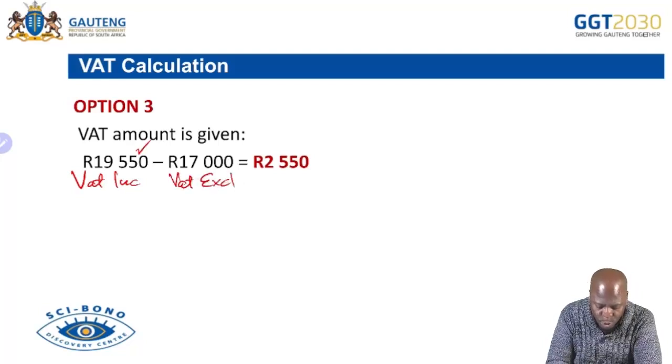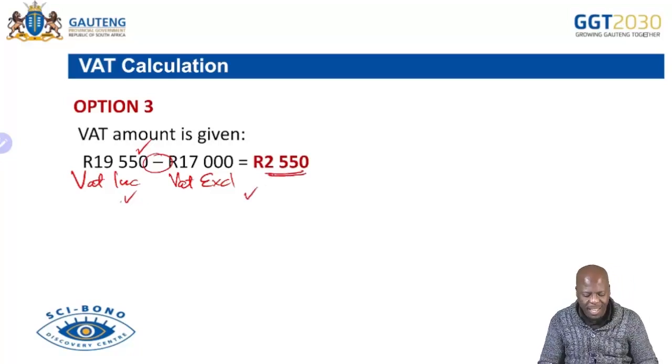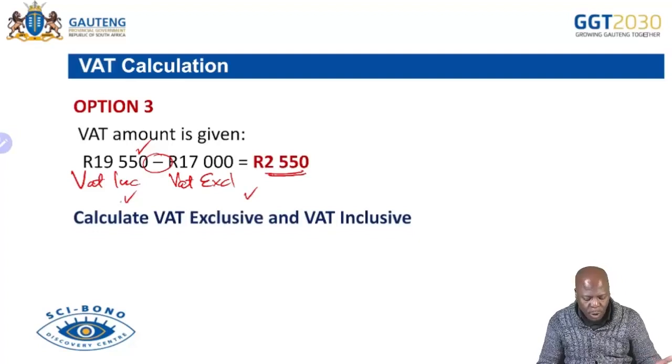So all you do is subtract, just get the difference. The difference between your VAT inclusive and your VAT exclusive gives you your VAT. So calculate the VAT exclusive and VAT inclusive amount.